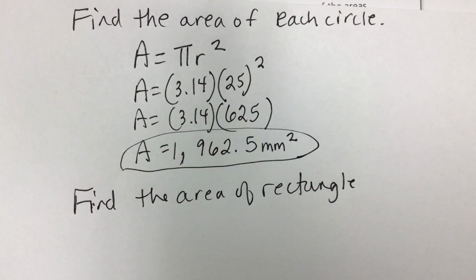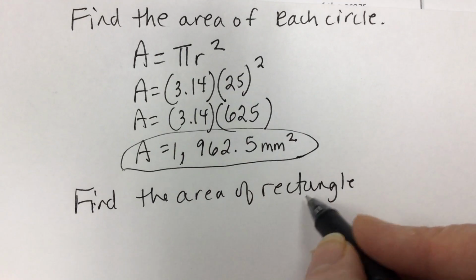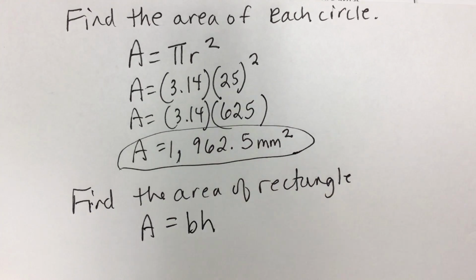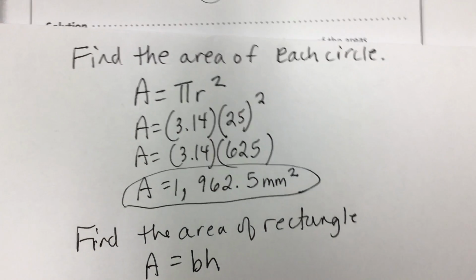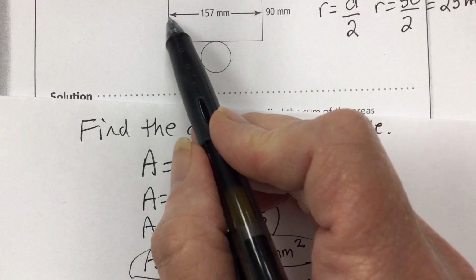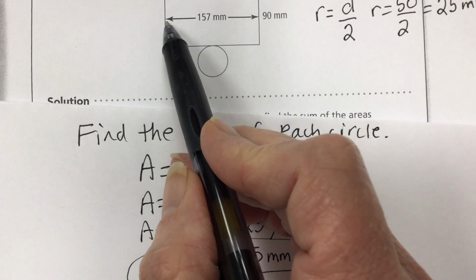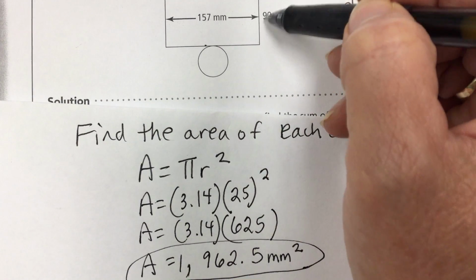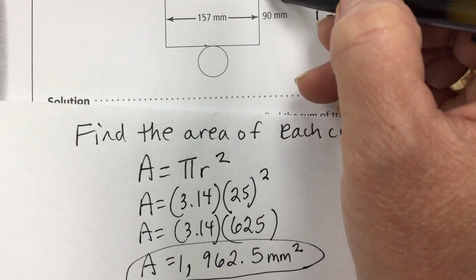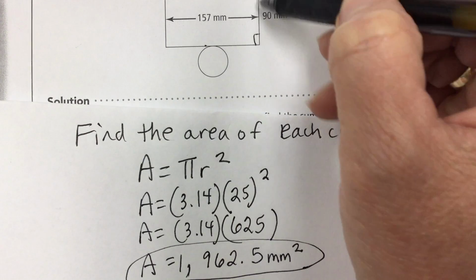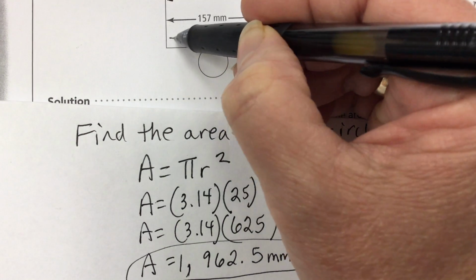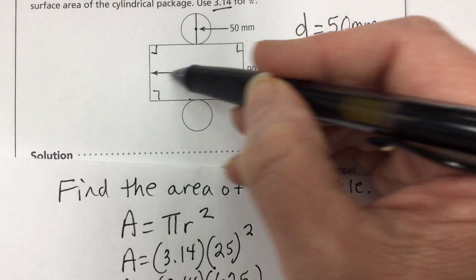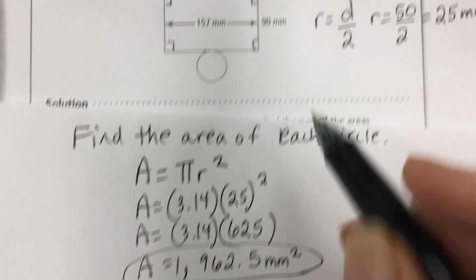Looking at my figure, the base of this rectangle would be 157, and your height is 90. We've got all these right angles, so your height is 90 and your base is 157.